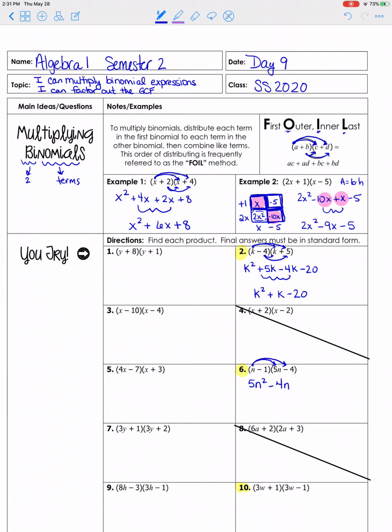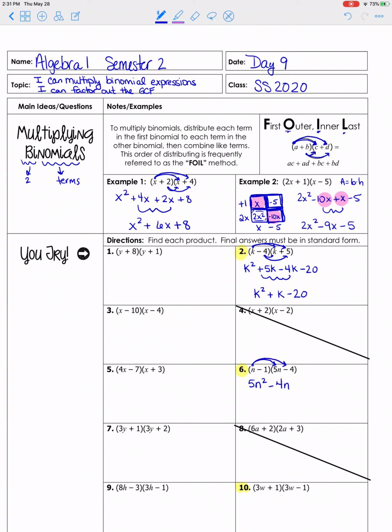Negative 1 times 5n is negative 5n. And negative 1 times negative 4 is positive 4. Be careful with those signs there. Make sure that when they're the same, you end up with a positive. Then we can combine like terms to get to our end result.